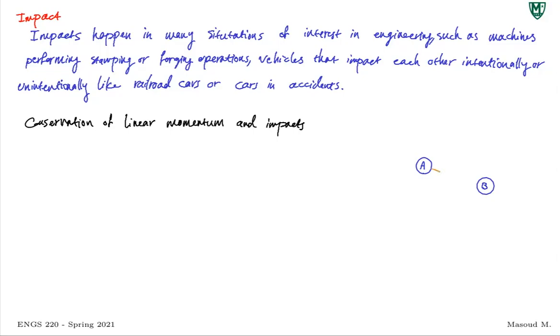So this is going this way, this is going this way. This is before impact. Let me see if I can draw it in a better way. This is before impact. I don't know if I made it better. So this is going this way, it's going this way. And then they reach, they collide, the impact happens, and then we'll see what happens, right?